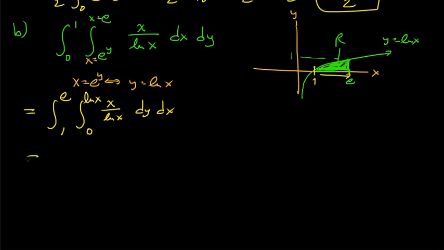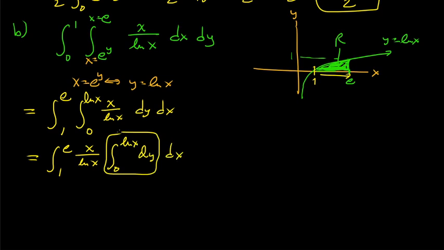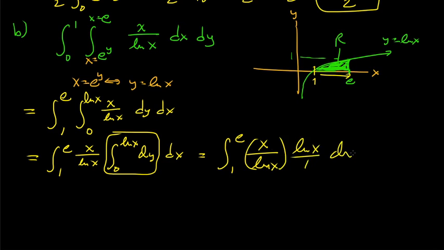Okay, so yep, because we're doing the integral with respect to y, x over log x is considered a constant. So once again, this inside integral here is trivial. It's just y. So when you evaluate this between 0 and log x, you just get a factor of log x, which is quite fortuitous because you're just going to cancel that pesky log x here.